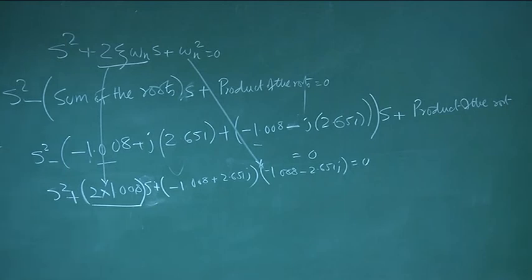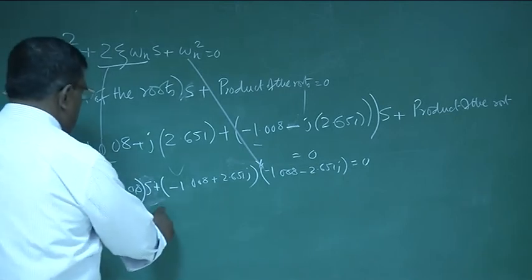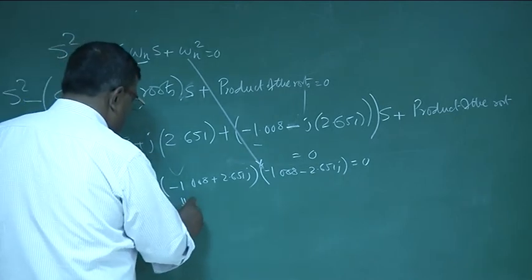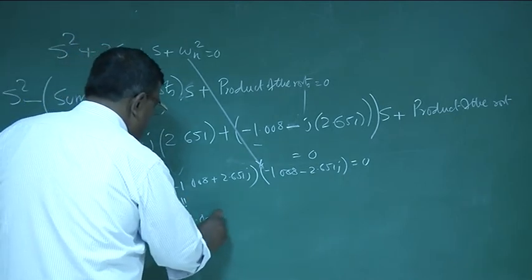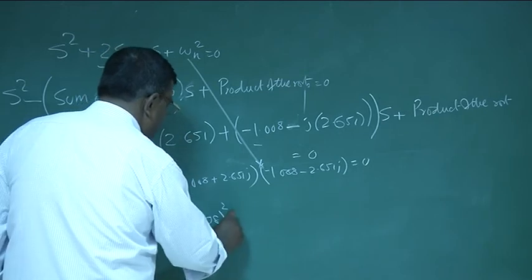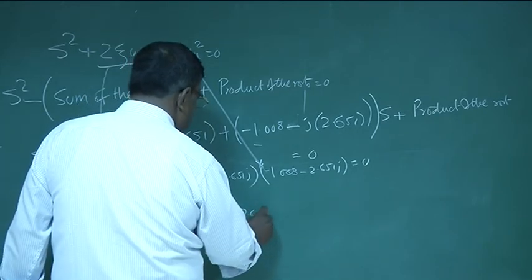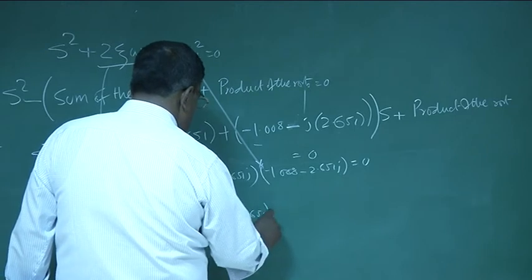It is a plus jb into a minus jb, which is a square minus jb whole square, equal to a square plus b square. So the product will be minus 1.008 whole square plus 2.651 square.